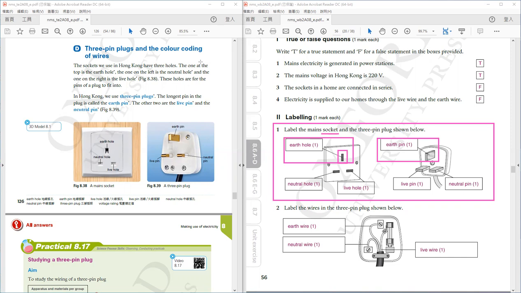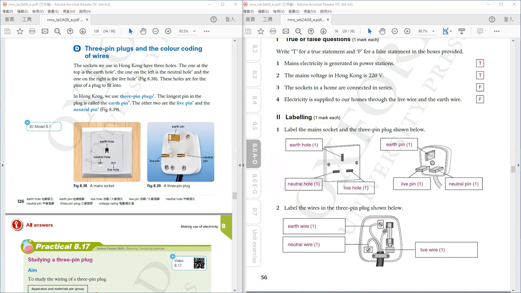Okay. So you imagine this live pin is on the left hand side. When it's inserted, it goes to the right hand side. Therefore, it's the live hole here. Let me use the brown color here.